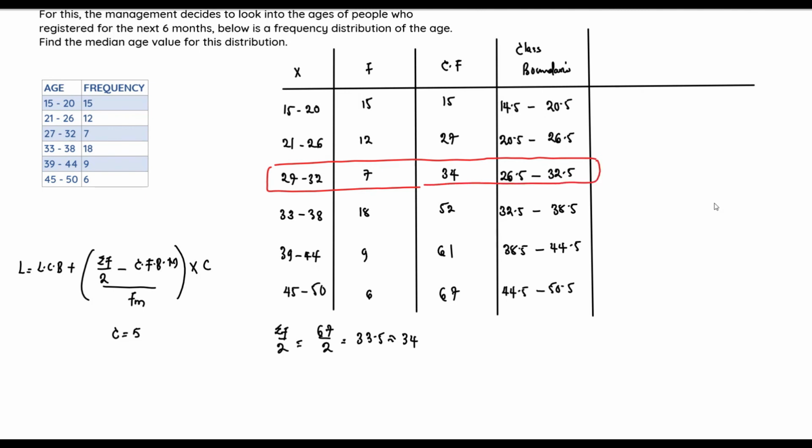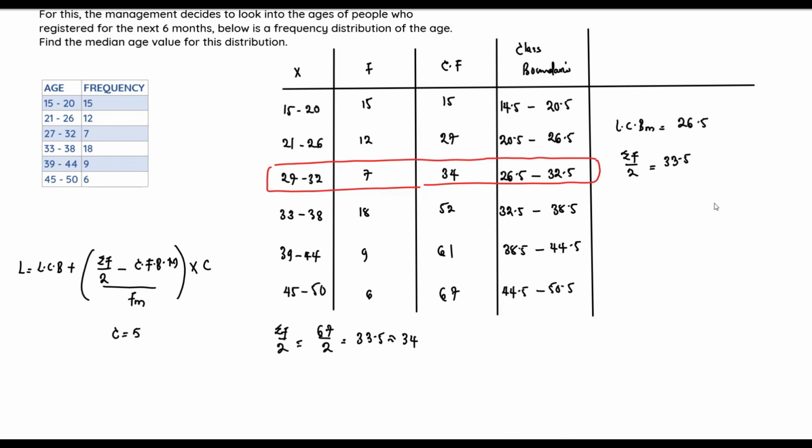The first detail we need is the LCBM, and that is the lower class boundary at the median. The lower class boundary at the median is 26.5, so we can write that here. Our summation f divided by 2 is actually equals to 33.5.